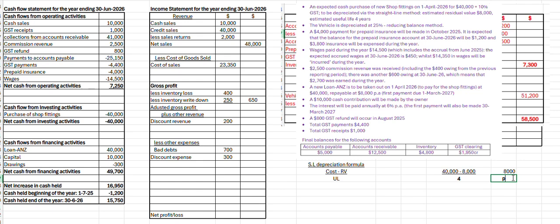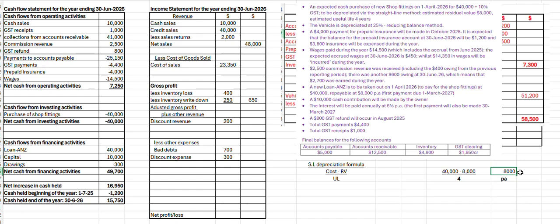But what we need to be mindful of is, did we own the asset all year? No, we didn't. This budgeted period is a full year that ends on the 30th of June. We purchased the asset, it says it right here, at the start of April. So that means, use your fingers, we've had it for all of April, all of May, all of June, 3 months. So we need to multiply this 8,000 per annum by 3/12, a quarter of a year.